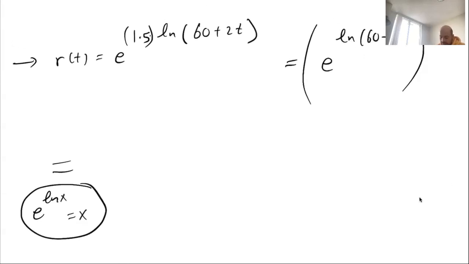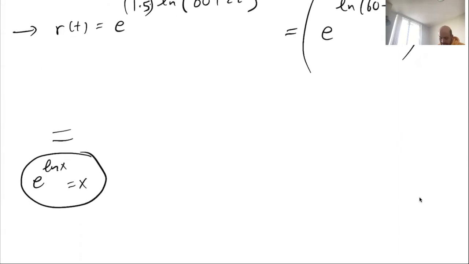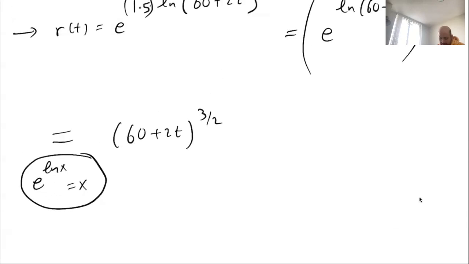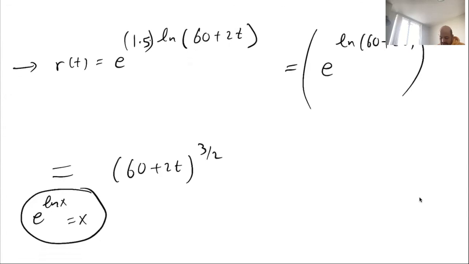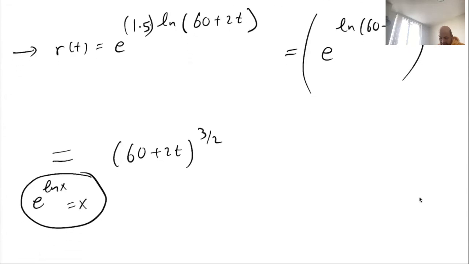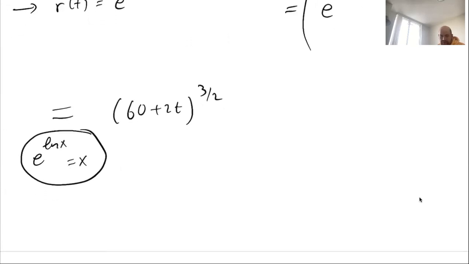And therefore, this will be (60 plus 2t) to power 3/2. Right? So inside the bracket will be 60 plus 2t, then raised to power 3/2. This will be our r of t here.